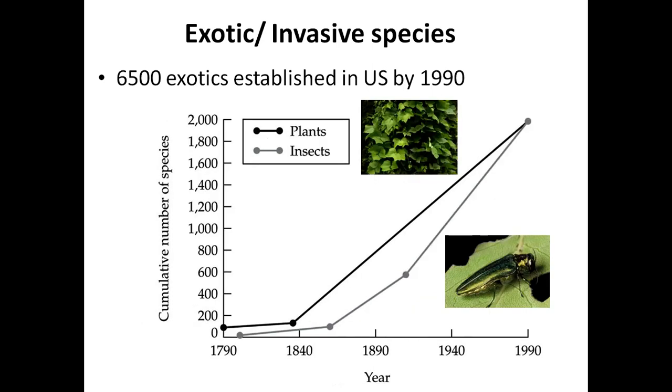And this graph shows the rate of introduction of invasive plants and insects. So the take-home point is we are introducing more and more species very rapidly, and some of these will establish as serious invasive species such as kudzu and emerald ash borer.